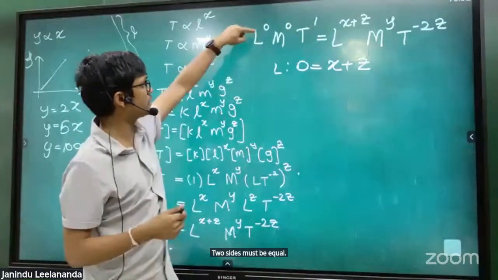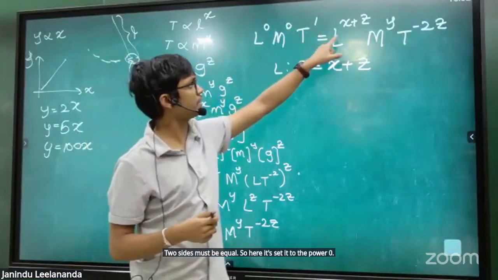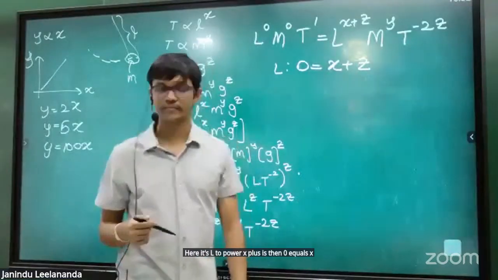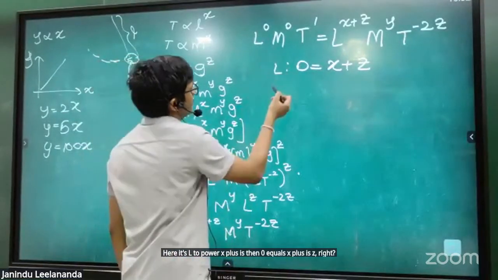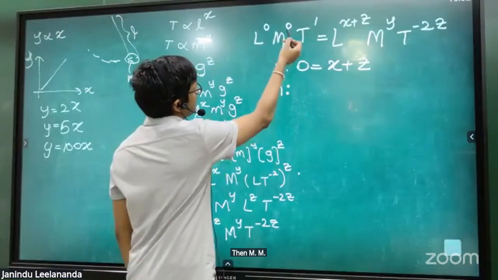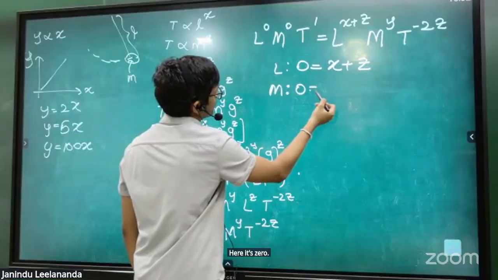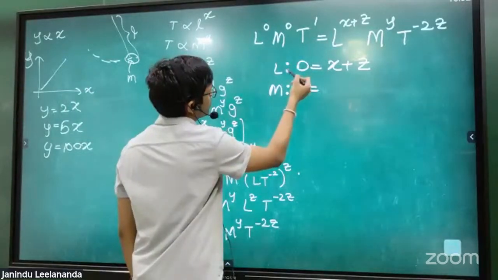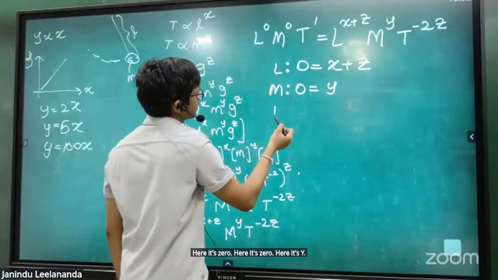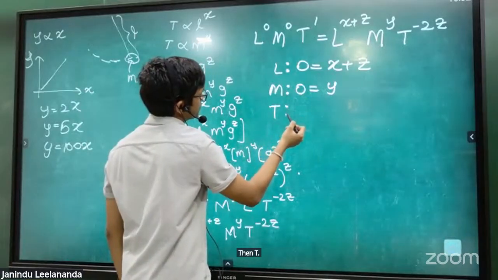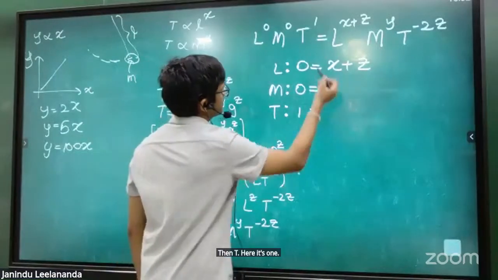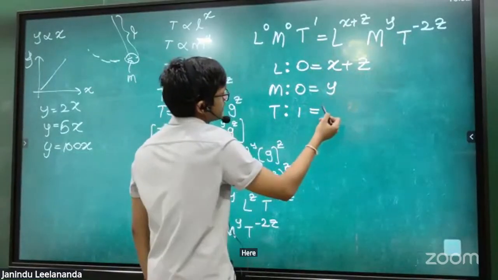So here it's L to the power 0, here it's L to the power x plus z. Then 0 equals x plus z, right? Then M. Here it's 0, here it's y. Then T. Here it's 1, here it's minus 2z.